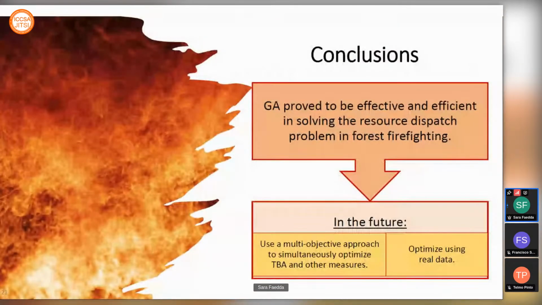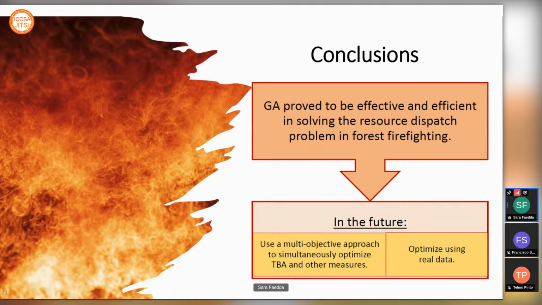So, in conclusion, we proved that GA is effective and efficient in solving the resource dispatch problem for firefighting. In the future, we want to use a multi-objective approach to optimize not only the TBA, the total burned area, but other measures, for instance the water, when thinking about sustainability.